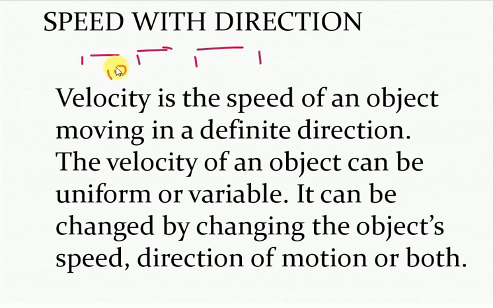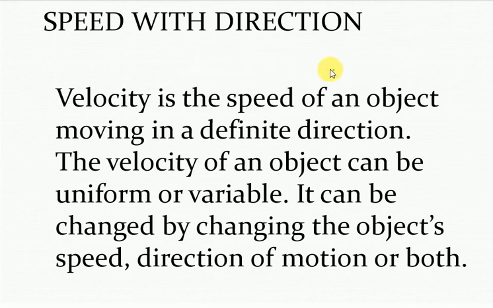So in case the velocity of the object is changing at a uniform rate, then the average velocity is given by the arithmetic mean of the initial velocity and final velocity for a given period of time. How to calculate average velocity?